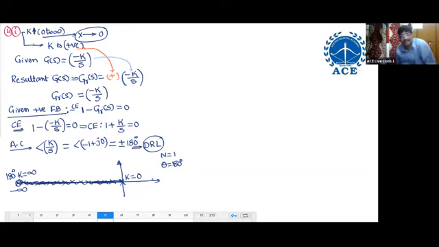As K increases, the pole moves toward the left and occupies the zero. That's all. So this is the direct root locus. Open loop pole at K equal to 0, and at K equal to infinity, the closed loop pole.